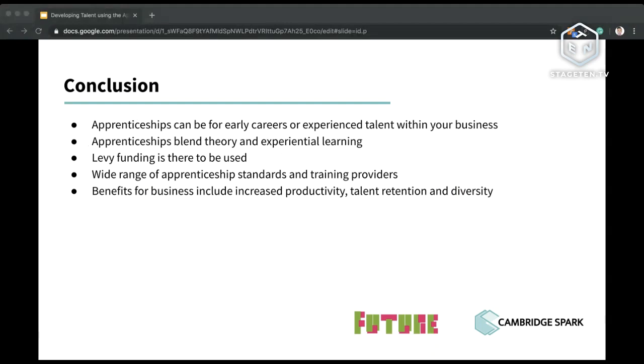I'll happily point you in the right direction. There are a wide range of apprenticeship standards and training providers out there. Obviously, I'm biased and I've focused on what Cambridge Spark has to offer. Again, I can point you in the right direction if you're looking for something we don't have. And the benefits for the business include increased productivity, talent retention, and increasing diversity in your workplace.